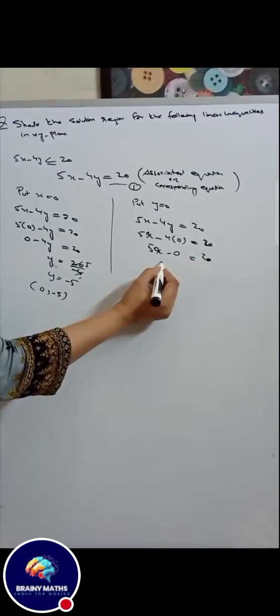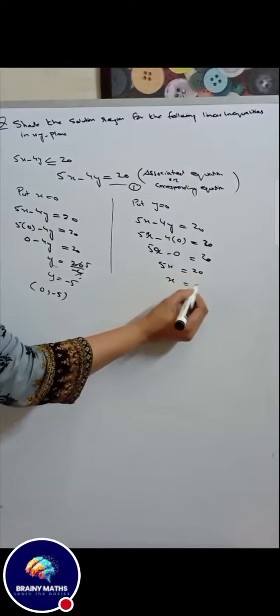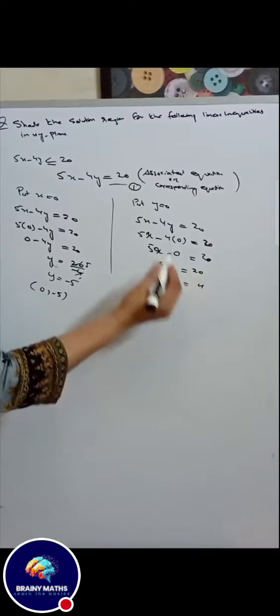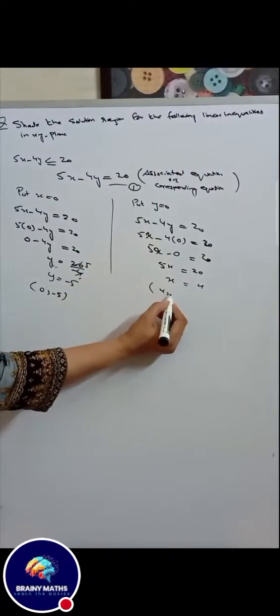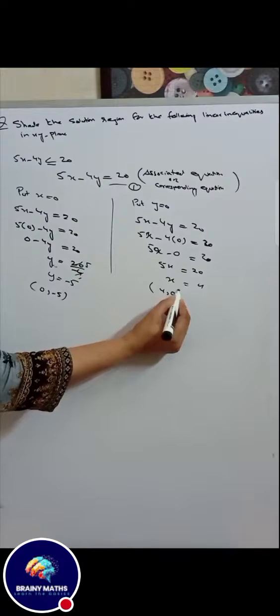And 5x equals 20. x equals 20 by 5. What is the answer? 4. So at y equal to 0, x is 4, and we get the ordered pair (4, 0). Any problem here? I hope not.